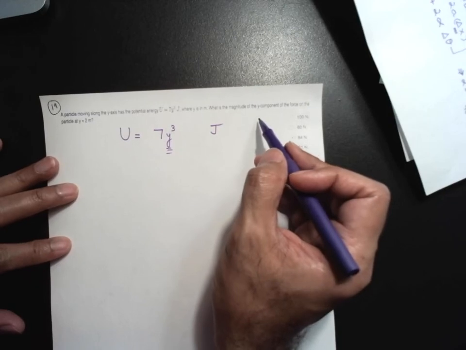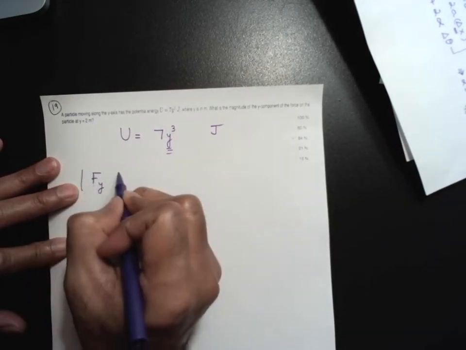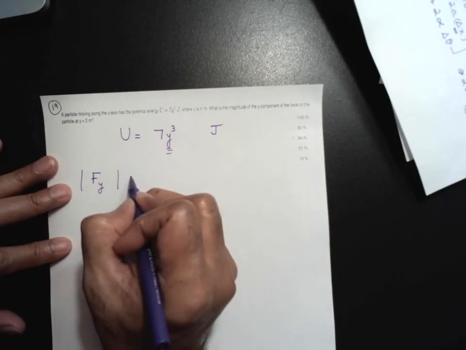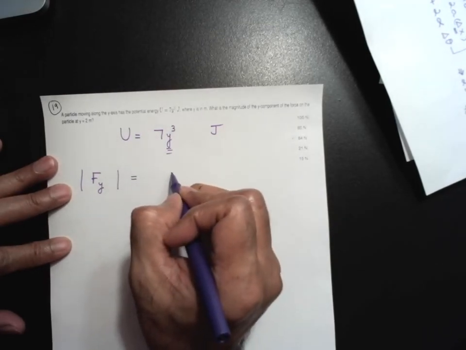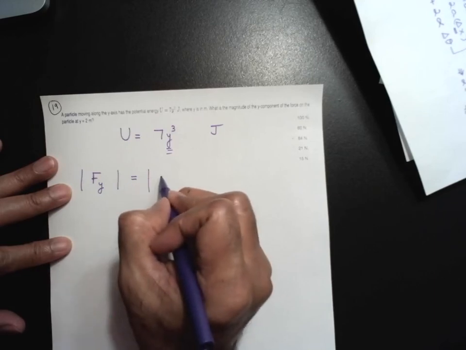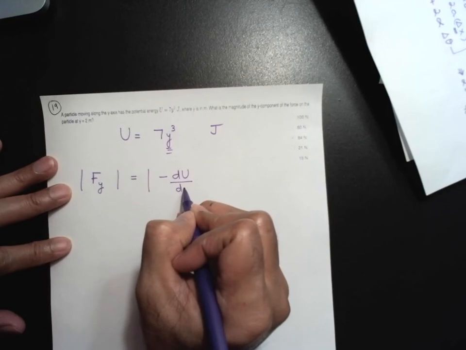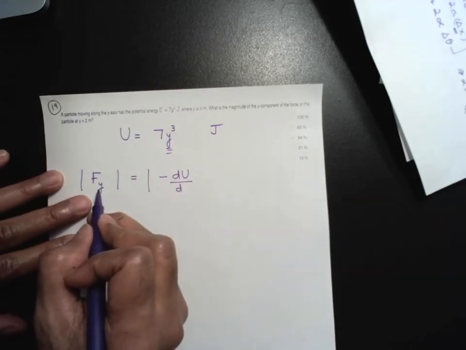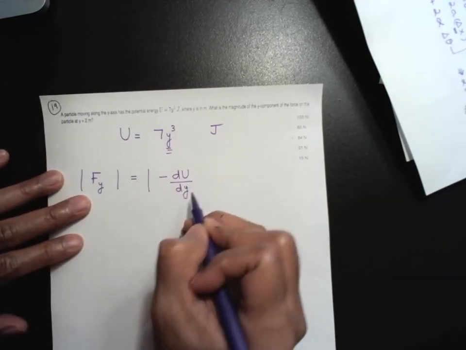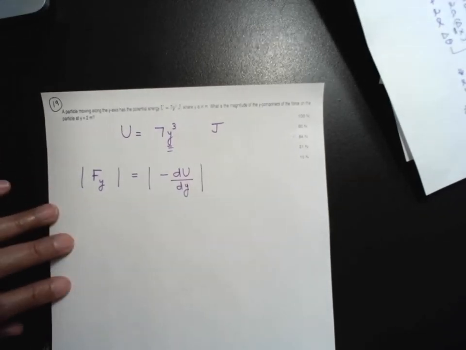They're asking for the magnitude of the y component of the force. That's easy because the force is the negative gradient of the potential, and if I'm looking for the force in the y direction, it's the gradient in the y direction, with the magnitude sign.